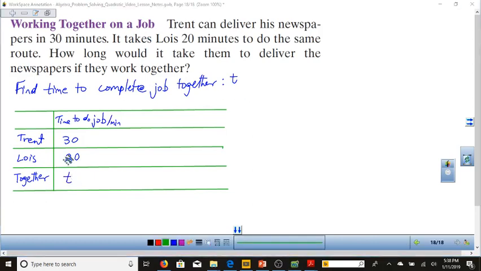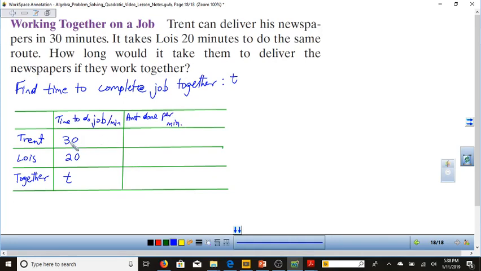Now, it's a little tricky here, so you have to pay close attention. And I'd like to point out here that the only real way of getting good at word problems is by doing word problems. You can't just watch someone do them, you have to try them on your own. Now, what you want to do is find out how much of the job is done in each unit time. So we want to find out the amount done per minute, because that's the unit of time.